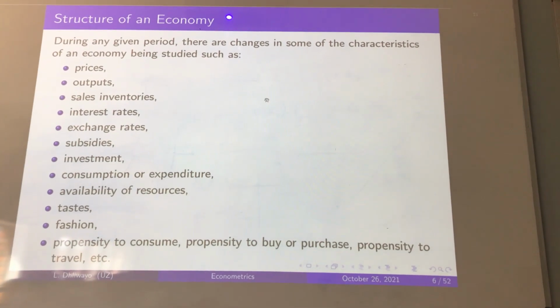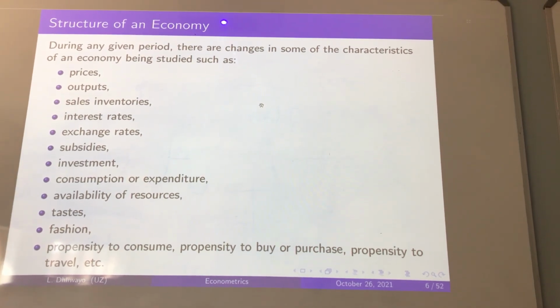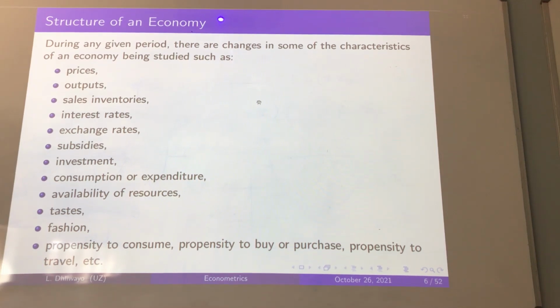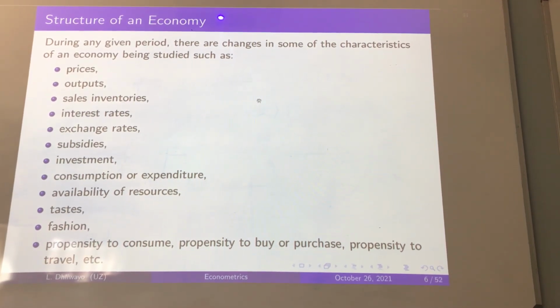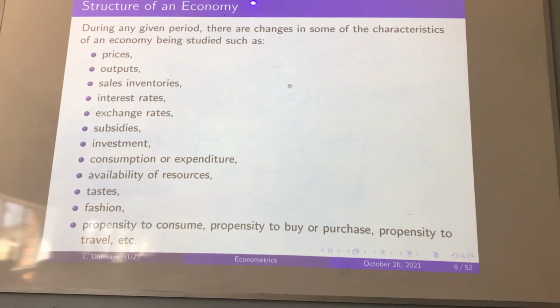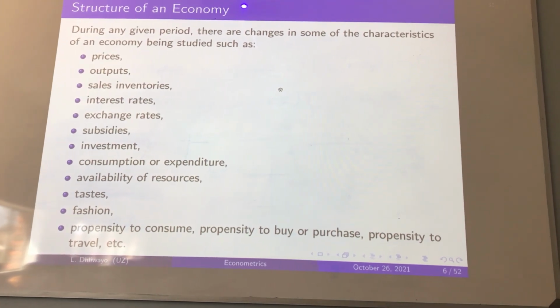Okay. Now, structure of an economy. During any given period, there are changes in some of the characteristics of an economy being studied, such as, okay, some of them are constant, some of them change, depending on the period. Like prices in Zimbabwe, in this period, it's always changing.